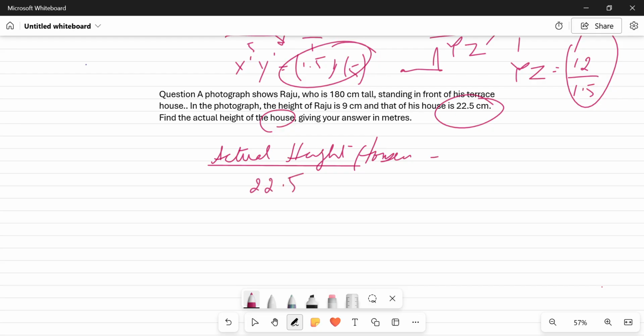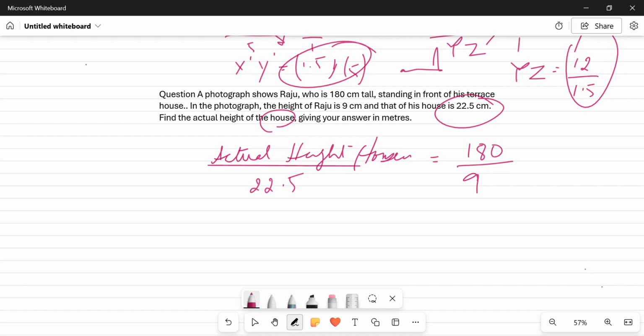Now equals to the other ratio: the actual height of Raju is 180 centimeter over the height in the photograph, 9 centimeter. Now we cross multiply and see which part is simplifying.